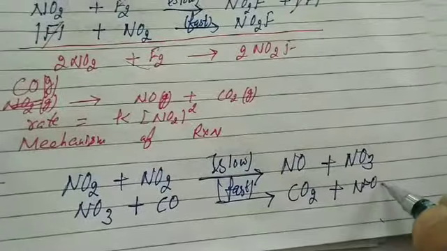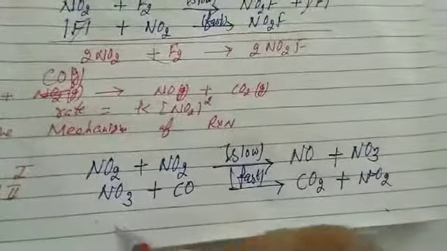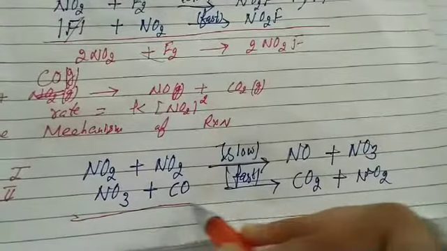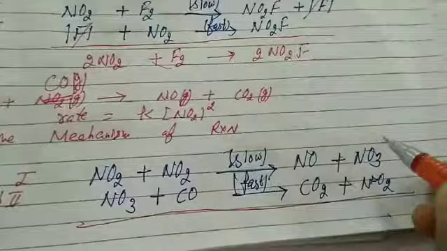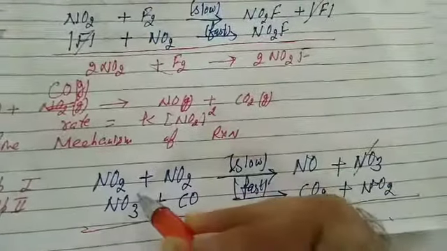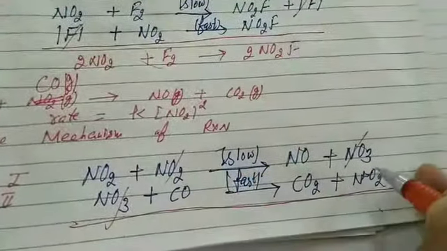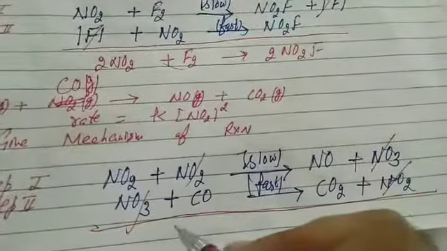If you understand this, it means you can easily write the mechanism of 4 reactions. Students, then please write the complete overall reaction. Add step 1 and step 2. When we add it, NO3 cancels, NO2 and NO2 again cancel. What is left?